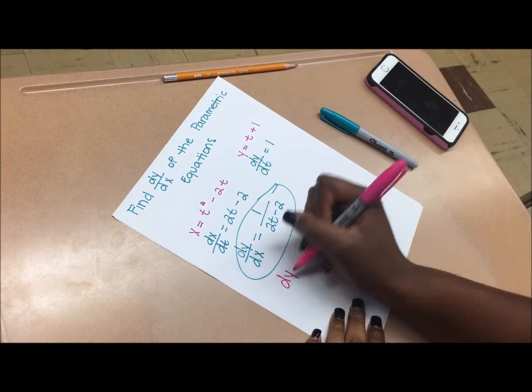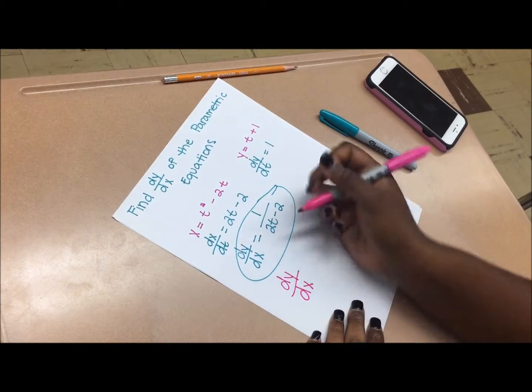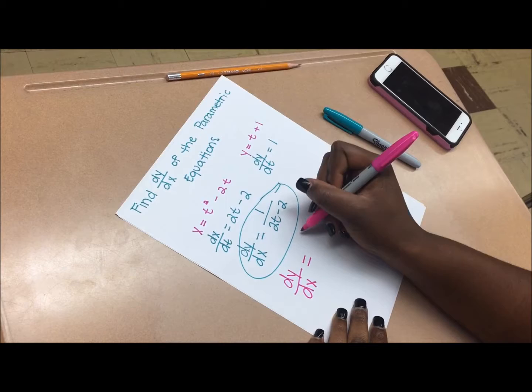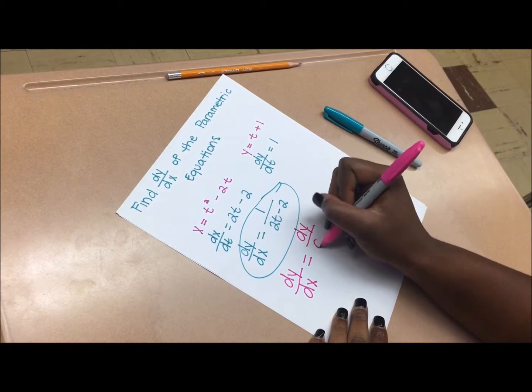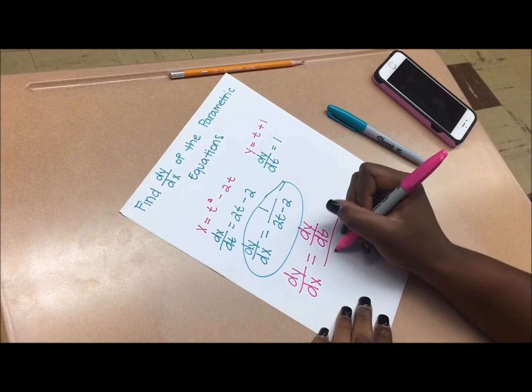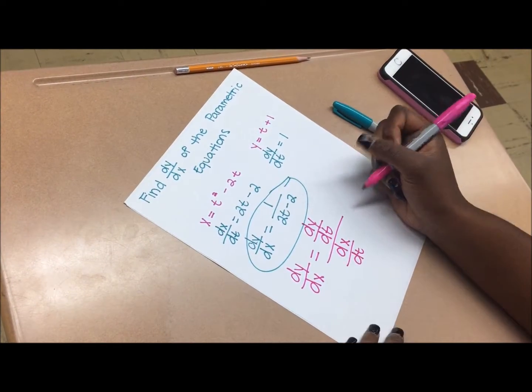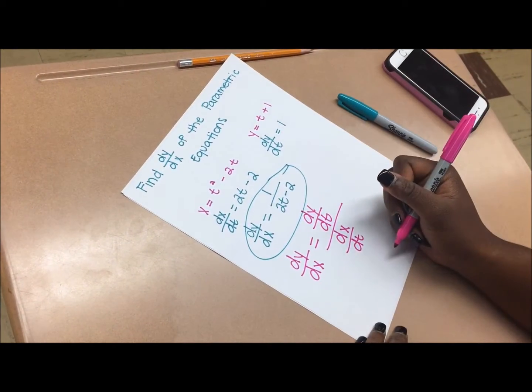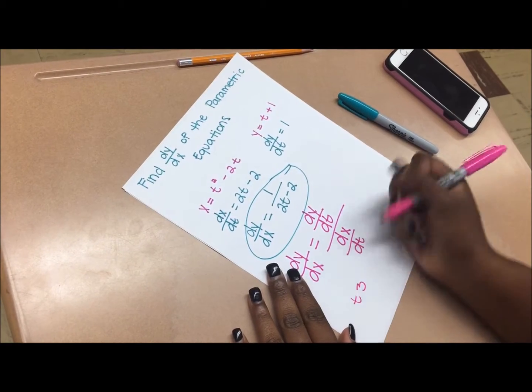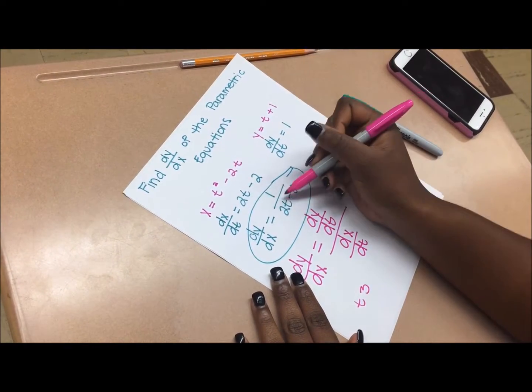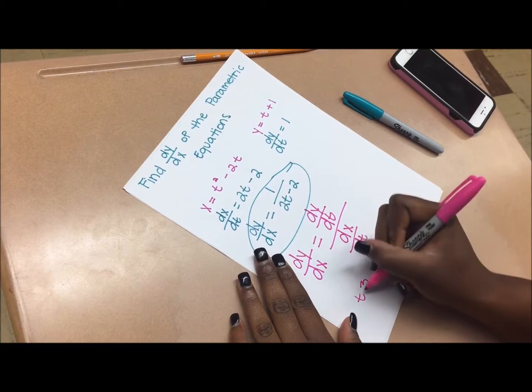Okay, so dy over dx is the change in the graph, which will equal dy over dt over dx over dt. And this is the slope. So let's say t equals 3, and we're going to refer back to this dy over dx equals 1 over 2t minus 2.